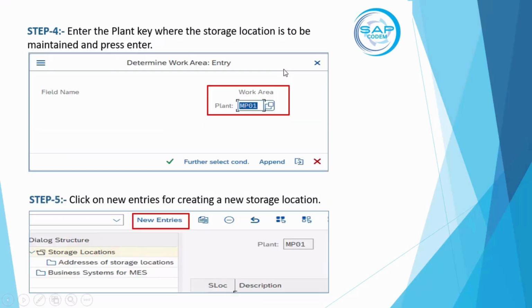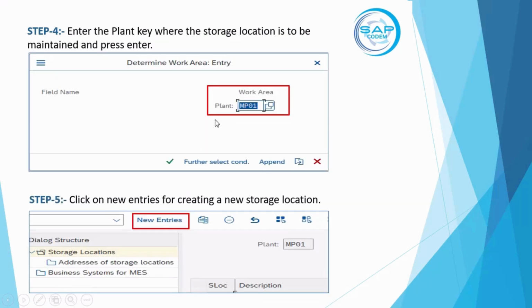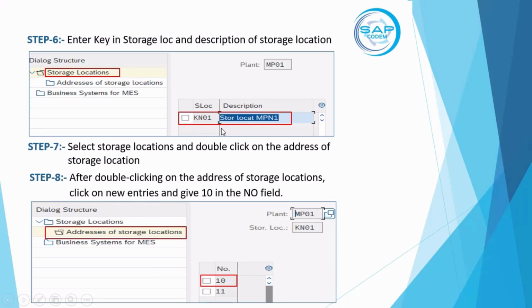MP01. After you click this, you press new entries, and then you'll have this screen. Then under this plant, you enter this. How do you do that? You just enter new entries, then you get this screen. Then enter the storage location, the new one you want to create, KN01.